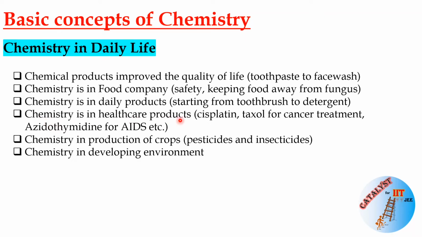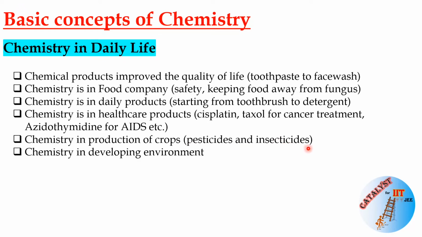Now chemistry in healthcare products is one of the most important topics, because in most cases cisplatin and Taxol are molecules used for the treatment of cancer, and azithromycin is used as an antibiotic treatment. Now in production of crops you use pesticides and insecticides.